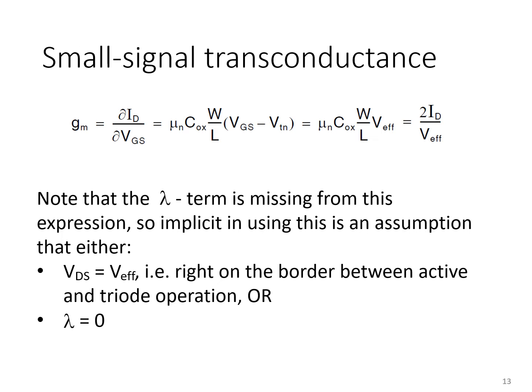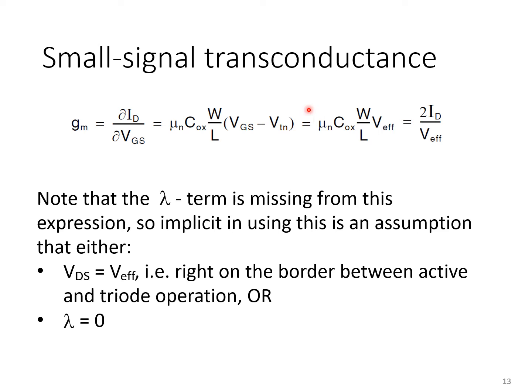So implicit in this expression is the assumption that either we're operating right at the border between active and triode operation, because in that case VDS equals V effective, and that's the basis upon which we say this is the derivative of the drain current with respect to VGS.